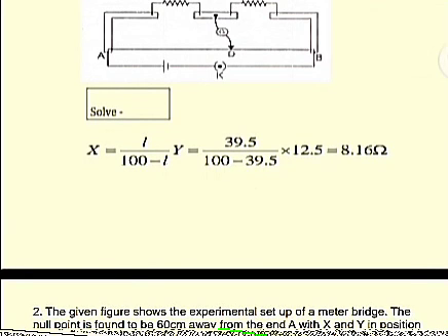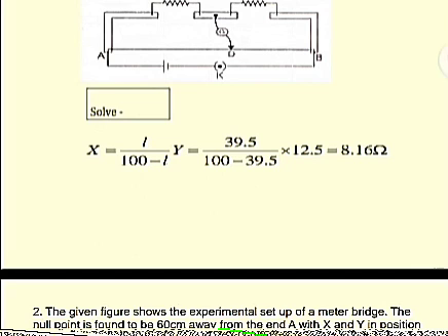Another question is also based on this meter bridge. In this given circuit diagram, the null point is found to be 60 centimeter away from point A with X and Y in position as shown in figure.